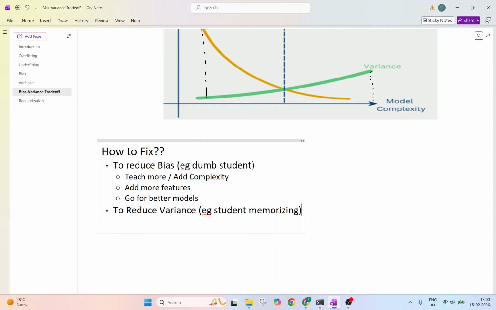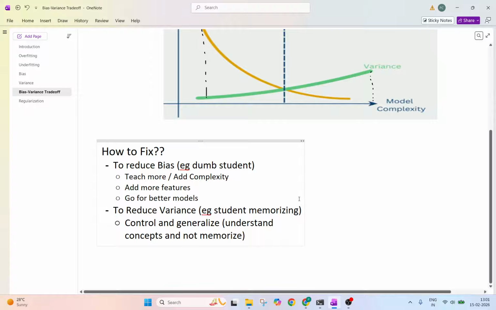So what we can do is control the student and make him generalize. That is, understand the concepts and not memorize.